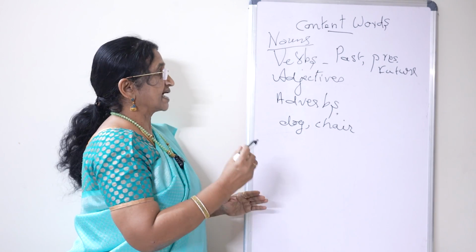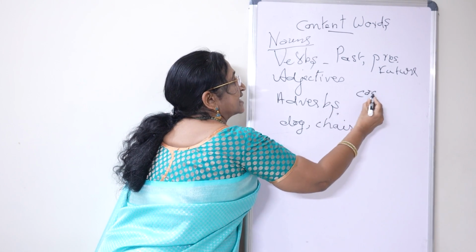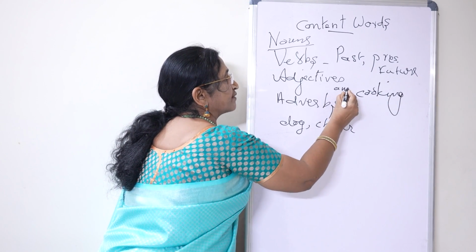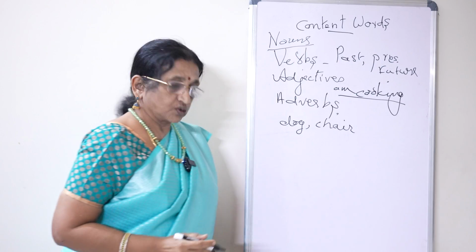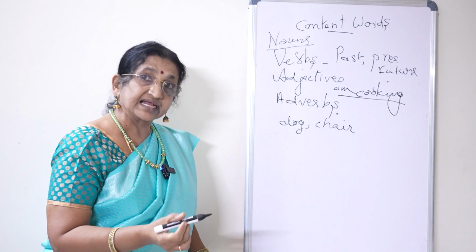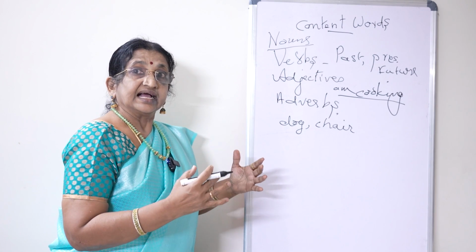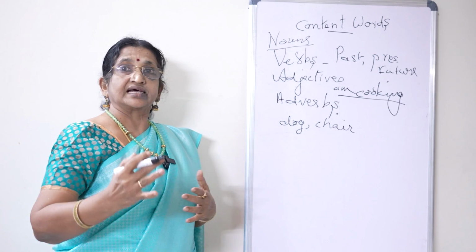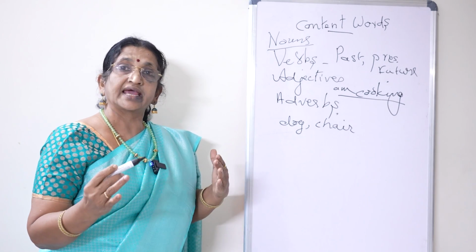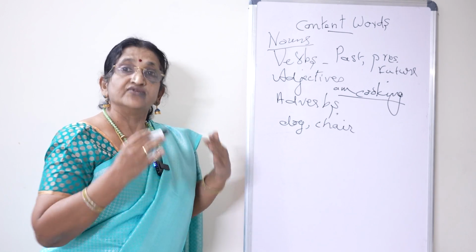So cooking is there and taking is there. When we say only, I am cooking, it is a verb. And she is going to take, like this, a lot of verbs are there. Whenever we say anything about our day-to-day affairs, we use verbs.